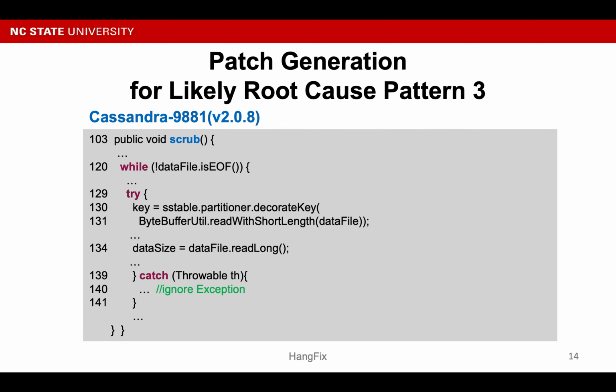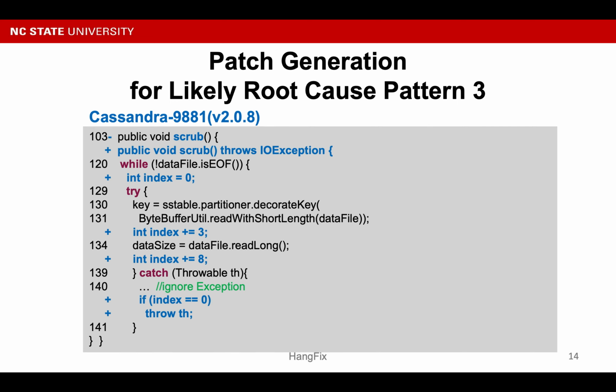To patch this Cassandra bug, we insert a loop index variable. The original value is equal to 0. We abstract the loop index forwarding operations from the two read functions. If the read with short length function is correctly executed, the loop index is moved forward 3 bytes.